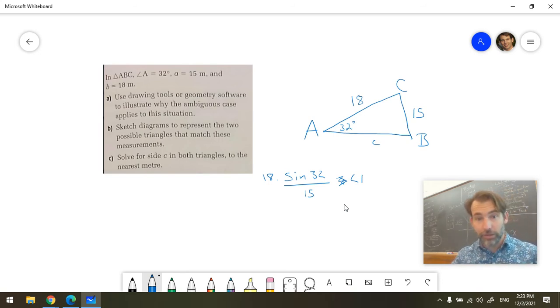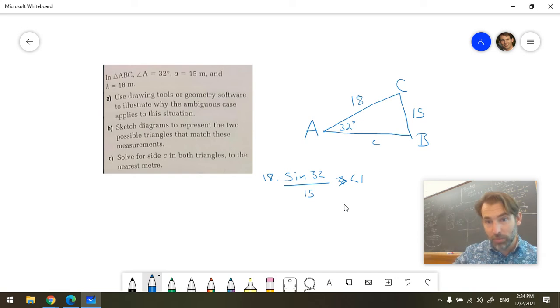So do that on your calculator. 18 times sine 32, divide by 15. Yes, it's very much less than 1. It's 0.635. So yes, it's less than 1. Therefore, we have a case of the ambiguous sine law.